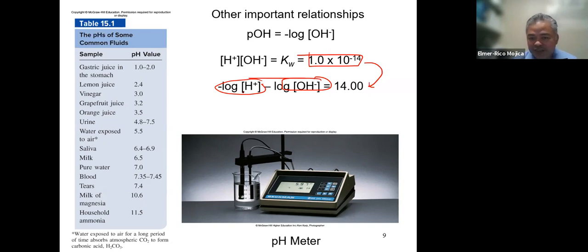So what is negative log of H plus? Anyone? That's your pH. And the negative log of OH minus, that is your pOH. So what does it mean? pH plus pOH is just equal to 14. So once you have the pH, you can also get the pOH. That's what it means here.